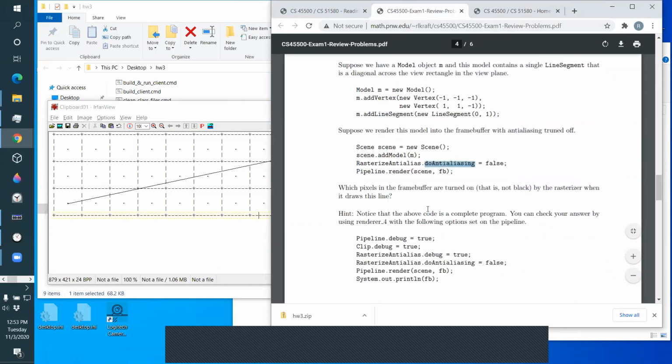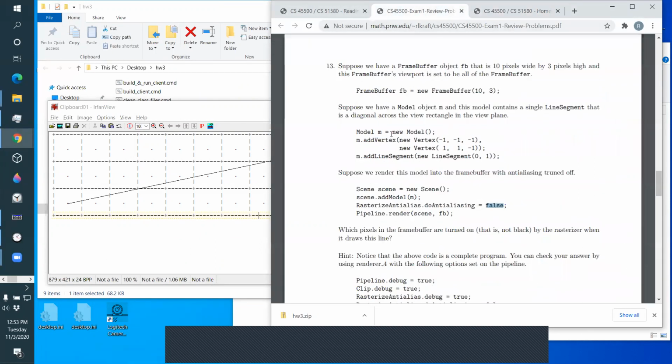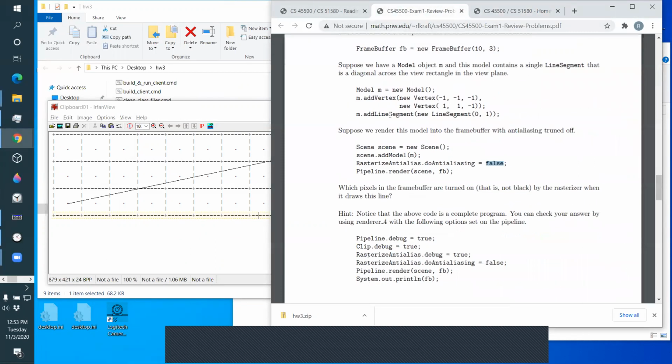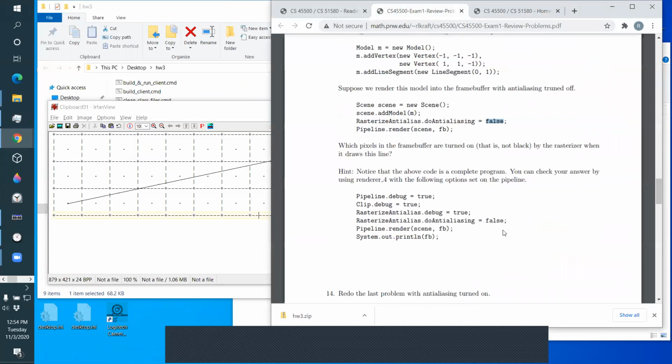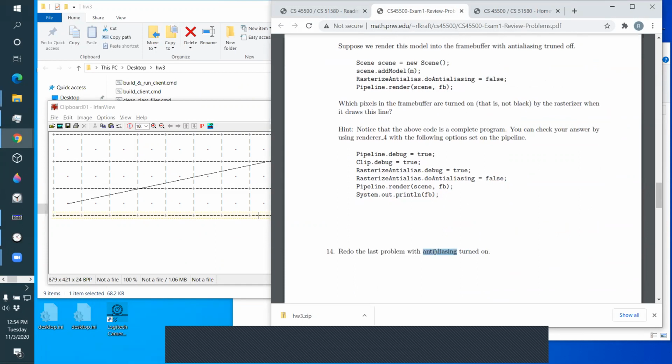First it says anti-aliasing false. Let's see. Problem 13 is with anti-aliasing turned off, right? And then 14 says redo it with anti-aliasing turned on.